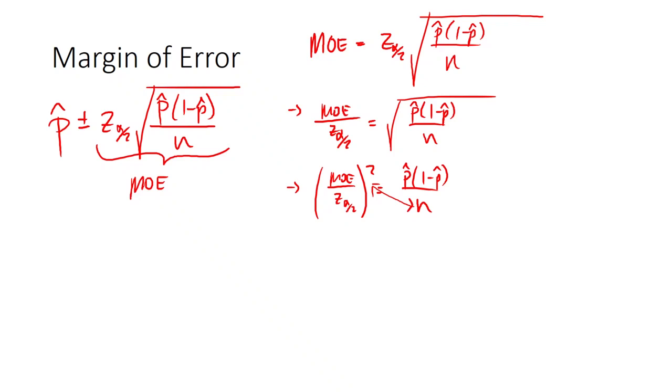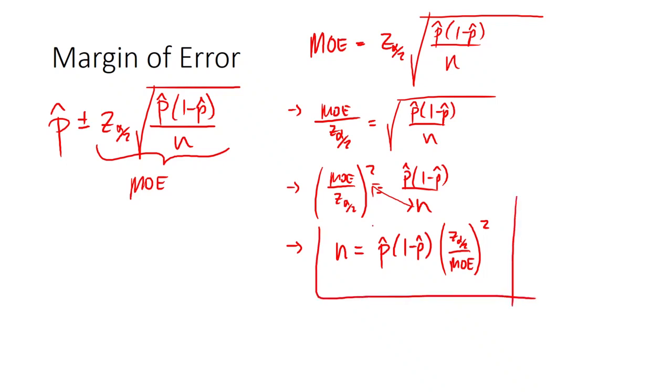And so what you'd end up with is n equals p hat times 1 minus p hat. Dividing by a fraction is the same as multiplying by the reciprocal, so we could just write it this way. When you divide by that MOE over z alpha over 2, it comes to the other side as the reciprocal. This is a formula we could use to calculate a sample size if we knew the margin of error we wanted.